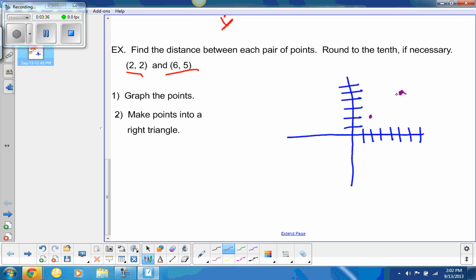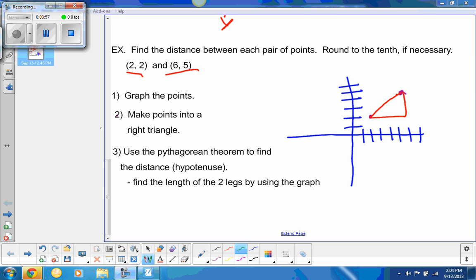So I'm going to connect this, and then I'm going to make a right triangle out of it so that I can use that. I wonder how we would figure that out with a right triangle. I'd be willing to bet we've done this many times using the Pythagorean theorem.